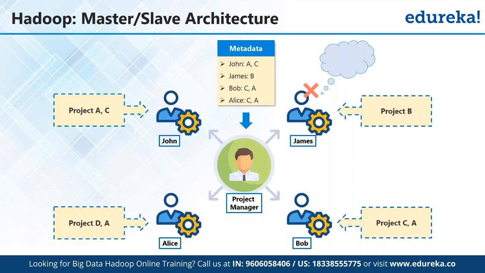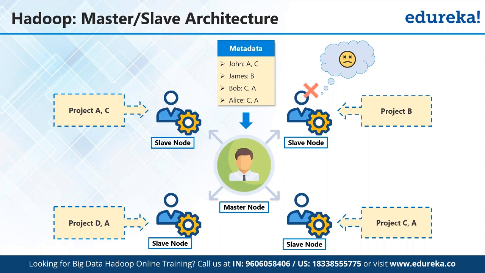It has been assigned to one more person, not only one team member. But in the case of project B, if James is not able to work any longer, then your project fails because there is no backup for project B. So if you don't have a copy for B, it fails.